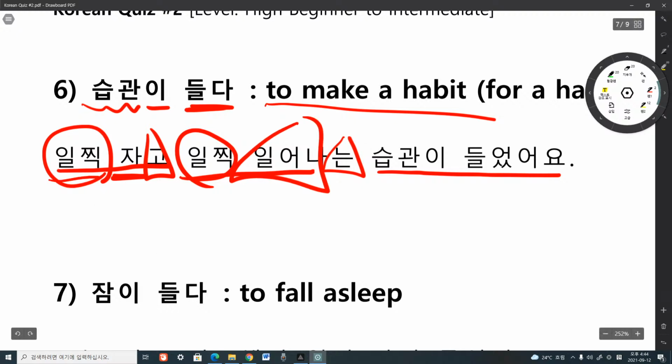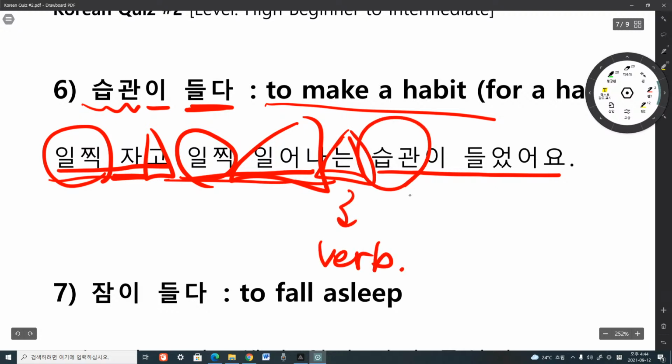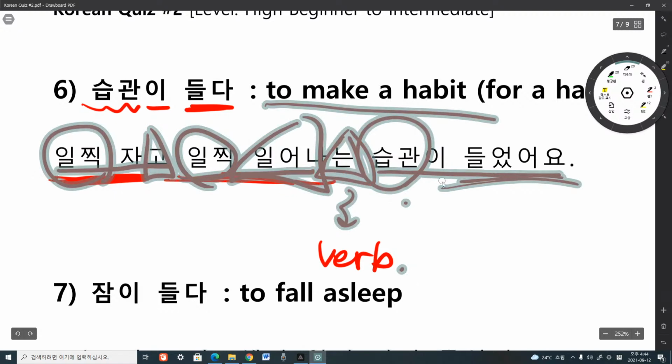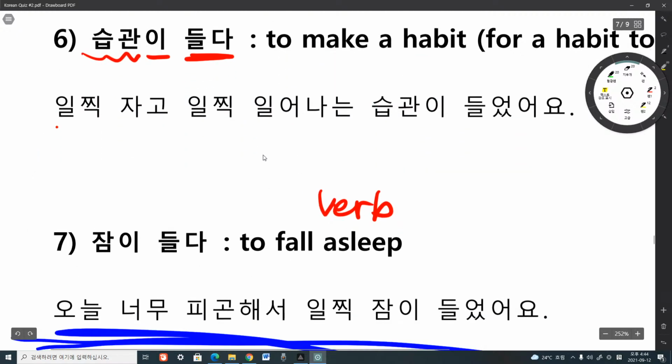You sleep early and you wake up early. 는 습관, verb modifier, right? So the habit of sleeping early and waking up early 들었어요. I made that habit. That habit was formed. 습관이 들었어요. 이런 식으로 쓰여요, 여러분. 습관이 들었어요.